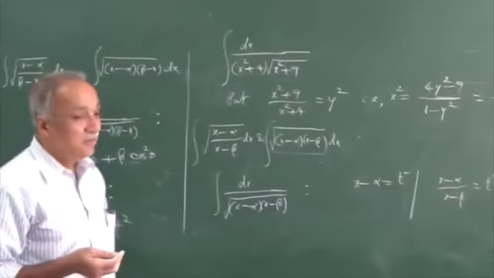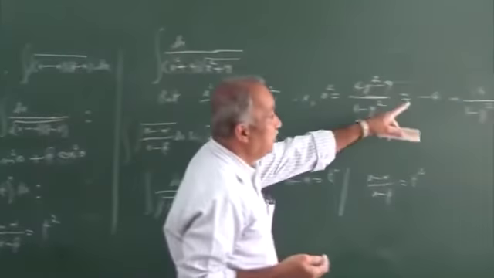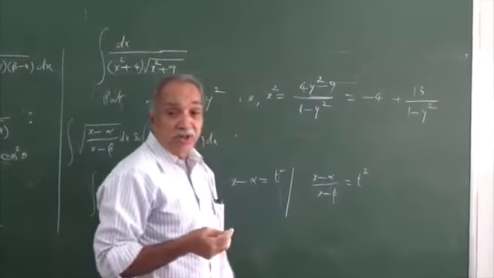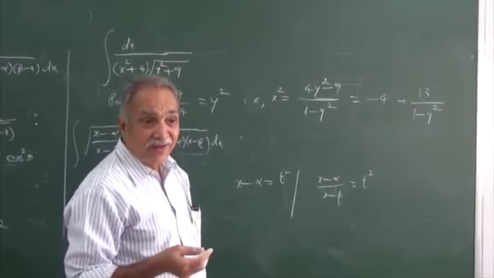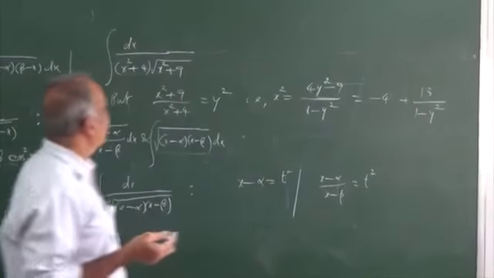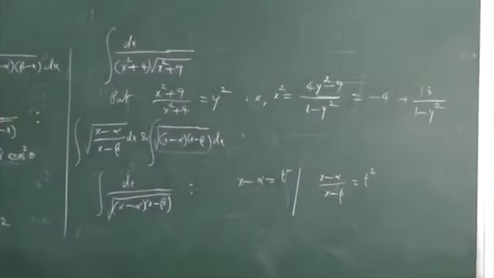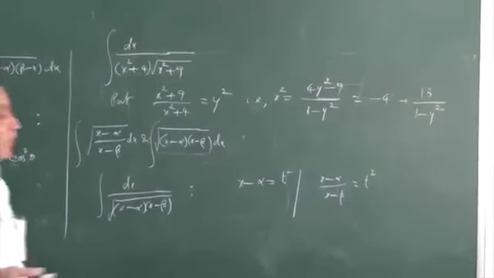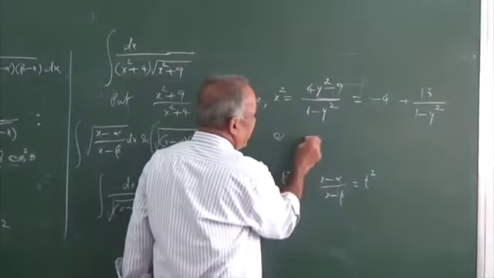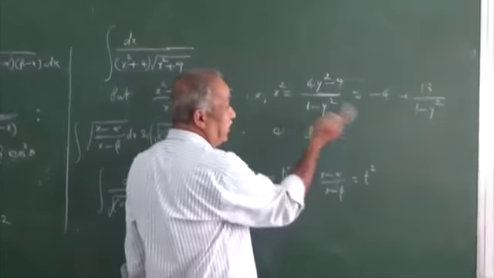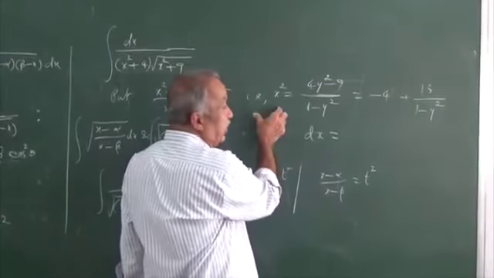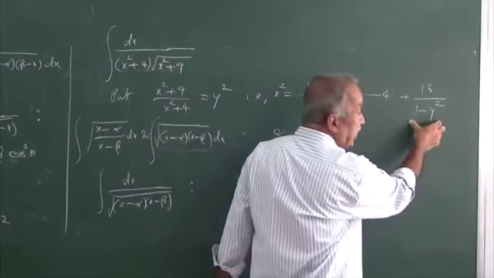What is dx? X square is this much, therefore dx will be... Direct differentiation gives me 2x dx equal to derivative of this.